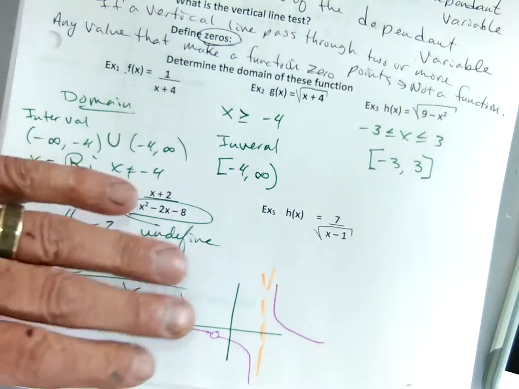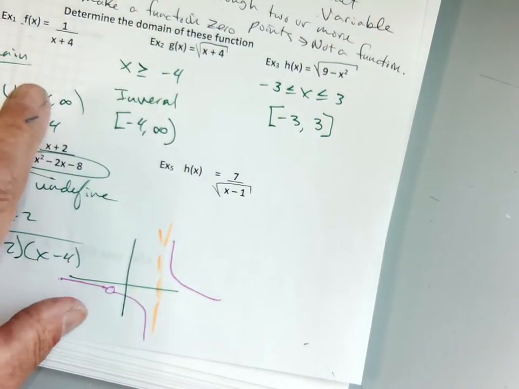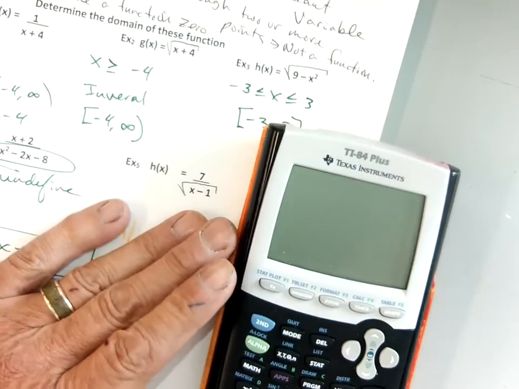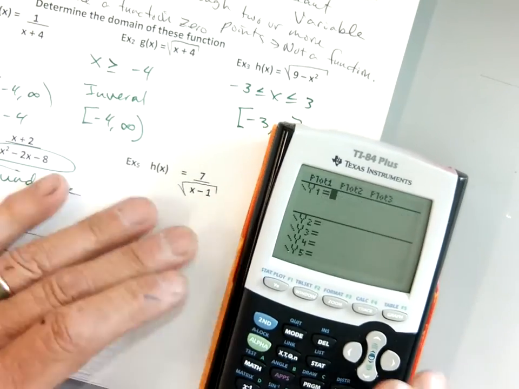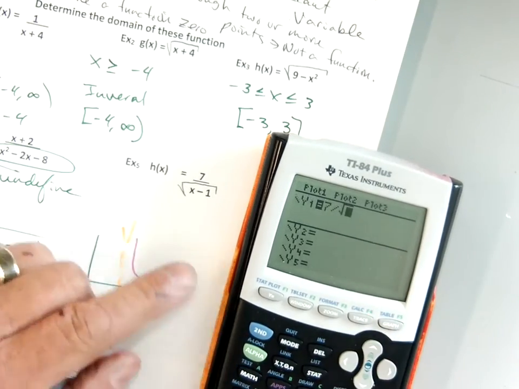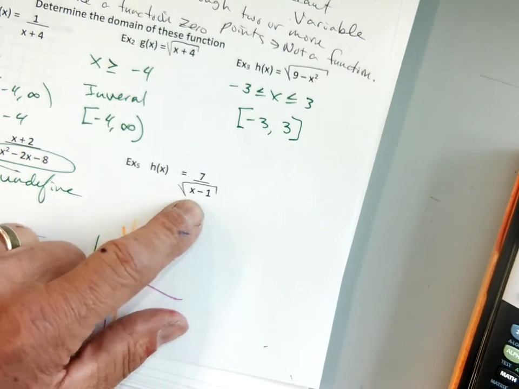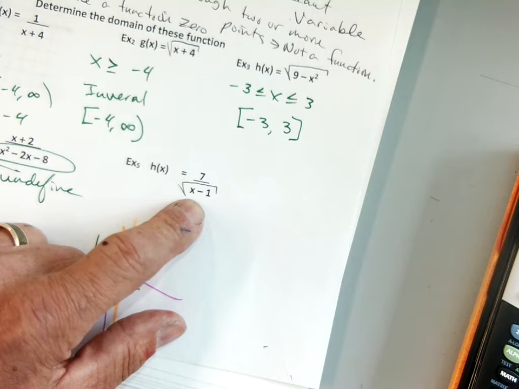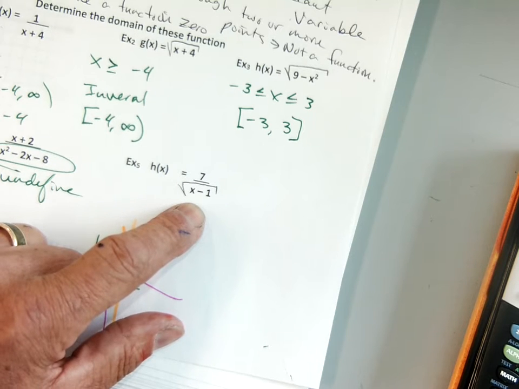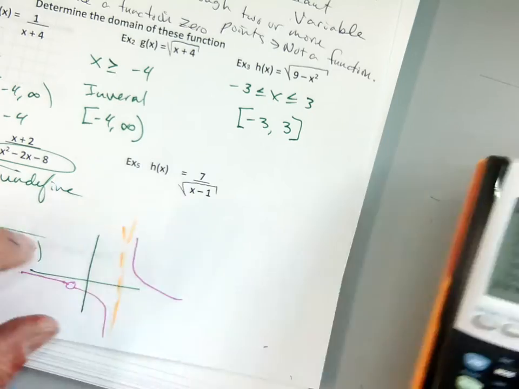Okay, now, how about number 5? Let's graph it. I'm going to put it on this one because there's something I want to show on this one. Clear. 7 divided by square root of x subtract 1. Window 5. Okay, you guys got it?